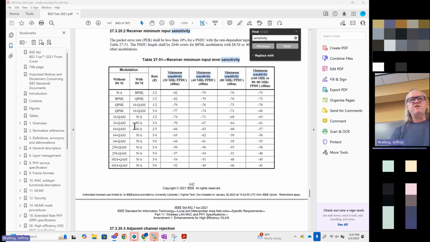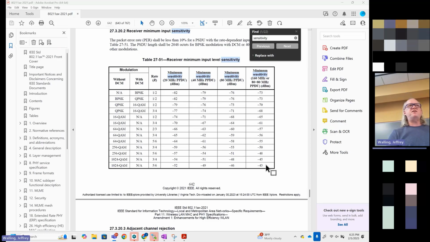They have different coding rates, which is how many bits they have to add in coding in order to be able to demodulate the signal with whatever their specified requirements are. And then they have different bandwidths: 20 megahertz, 40 megahertz, 80 megahertz, and then 160 megahertz. They give us the minimum sensitivity in each of these modes.